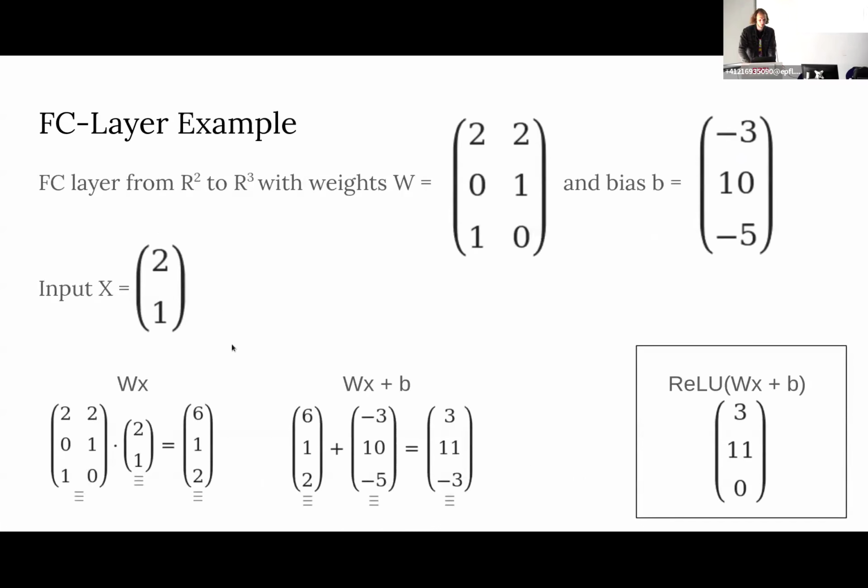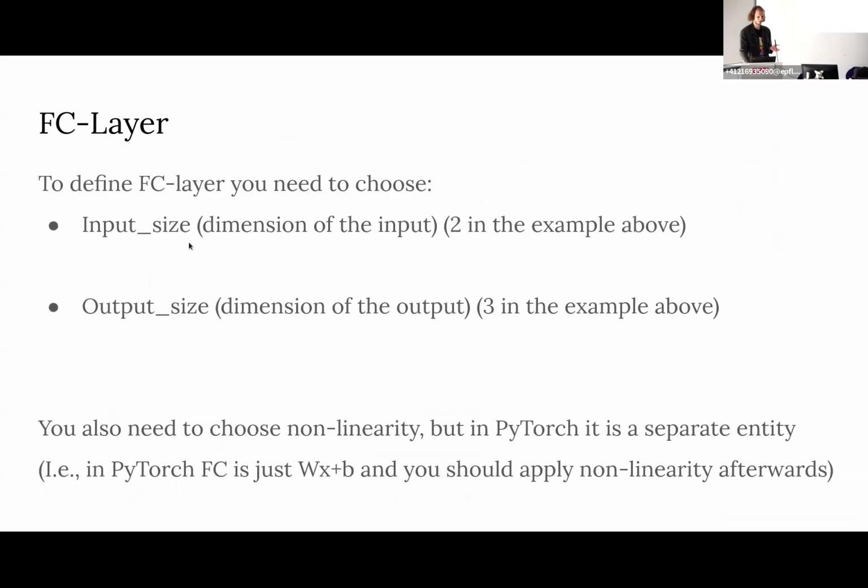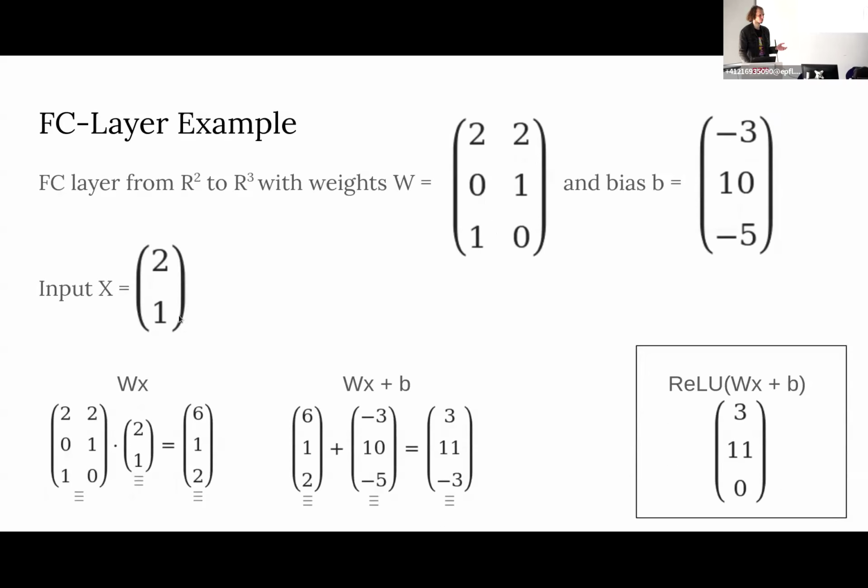So for the input, you know what the size of your input is. You must define input size as the size of your input vector x. Okay. So for the output, if it's your final layer and you, for example, do classification with n classes, you probably want to have output of size n, where each element says, for example, the probability of this input being class number i. The ith element in the output vector will tell you the probability of being the ith class.